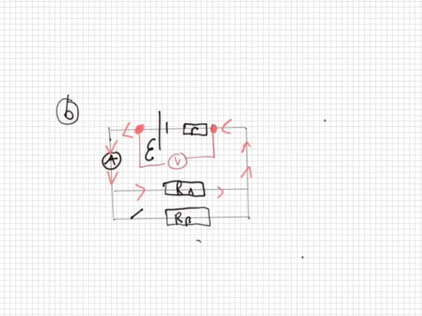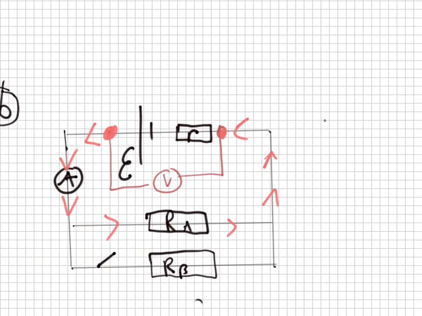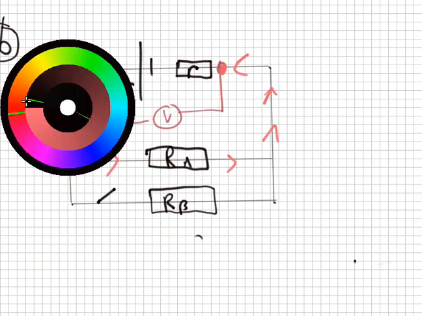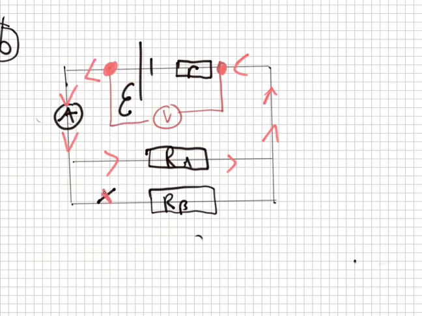Now, the next part of the question is, they say the switch is closed now. So now the current goes both directions here. So this is I1, and then here will be, for example, I2, I3, and then here still I2, I3, and then back here will be I1.